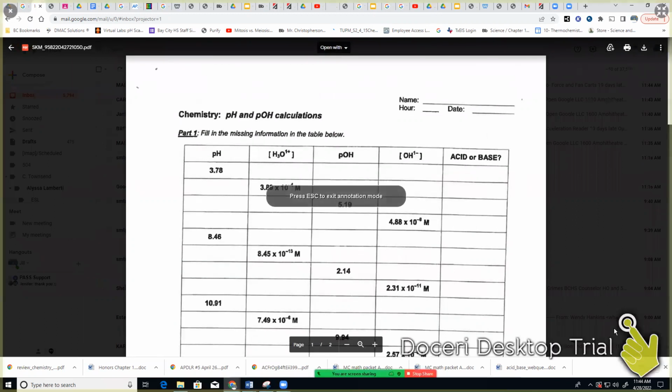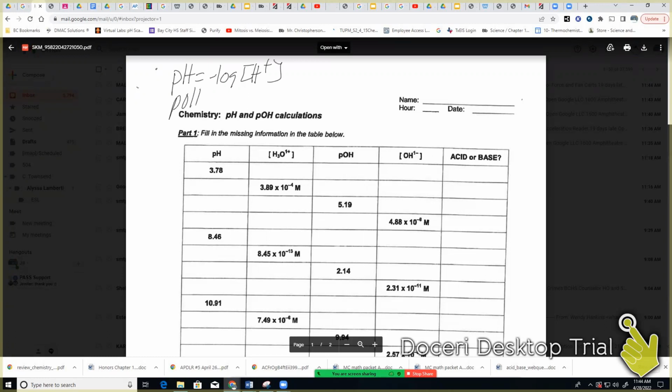So once again, I'm just going to jot down my formulas so y'all can see what I'm referring to. pH is equal to negative log of my H plus, and pOH is equal to negative log of my hydroxide. So that's if I need pH or pOH, I'm going to use that one.